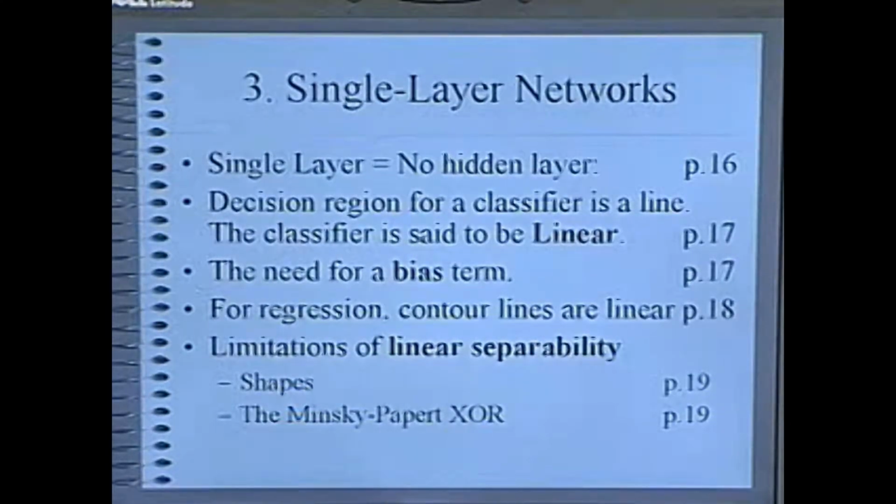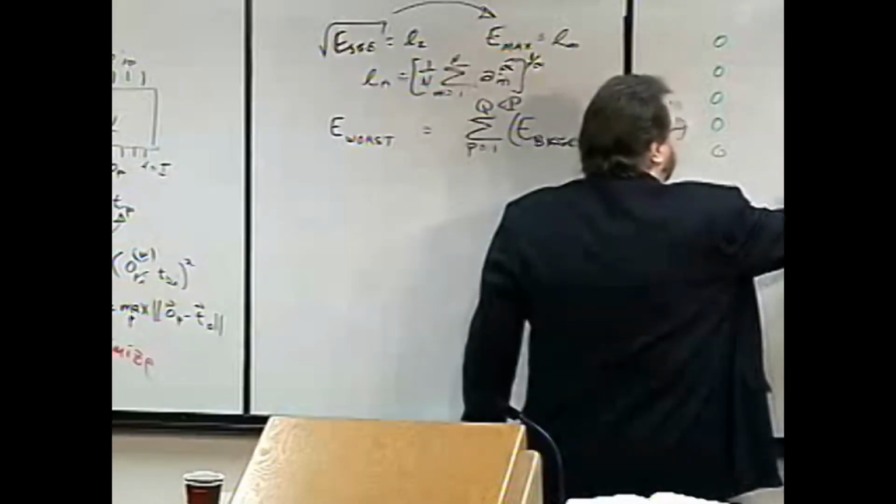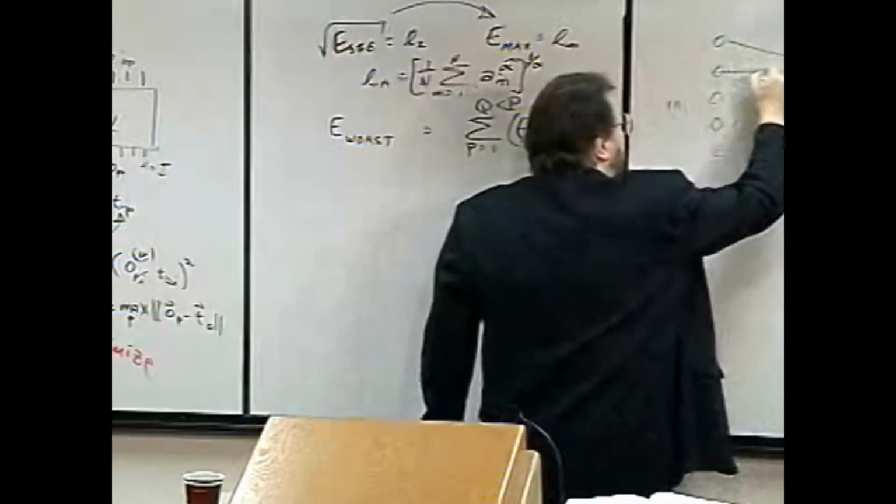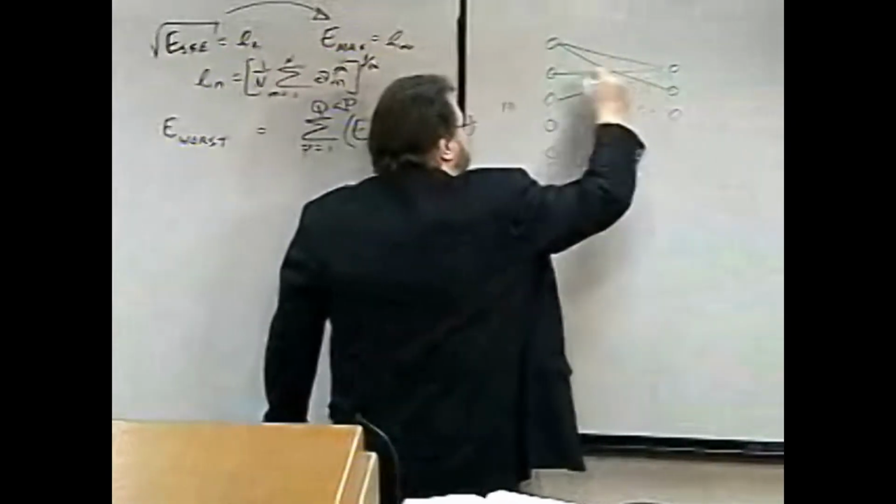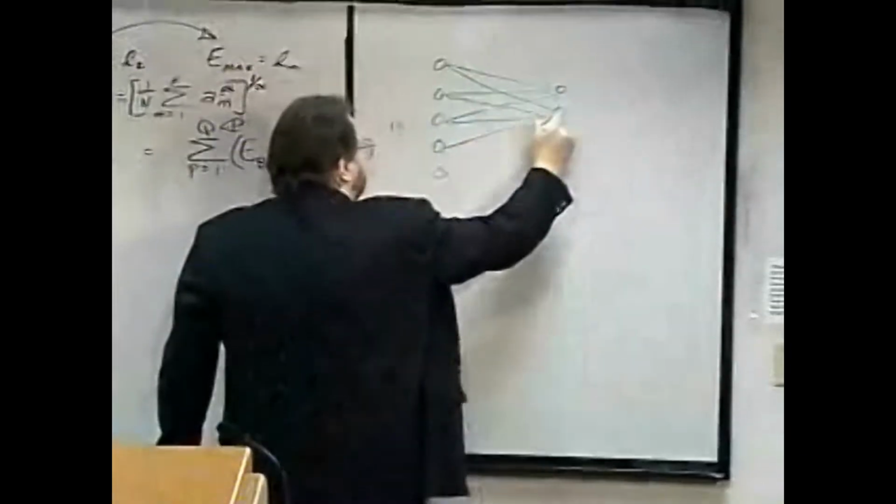Let me draw a picture of it. Here we have the inputs, here we have the outputs. Now the outputs can be more than one. But we have the input, and these are the sensors, and we have a corresponding output.